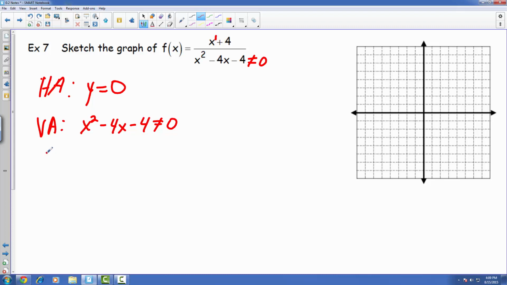So we have our x values are not equal to the opposite of b. So here's b. So then really we have the opposite of negative 4, which becomes positive 4, plus or minus the square root of b squared. Well, negative 4 squared just comes out to be 16, minus 4 times our a value, in this case, 1, times our c value, in this case, negative 4.